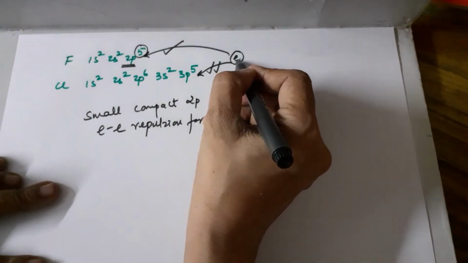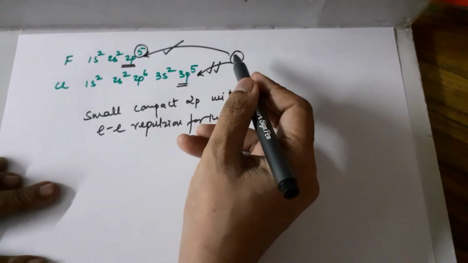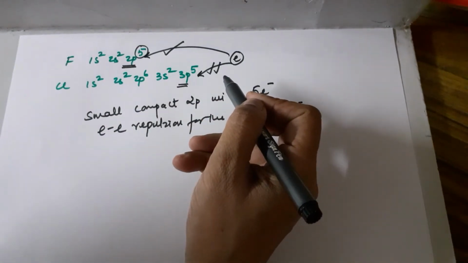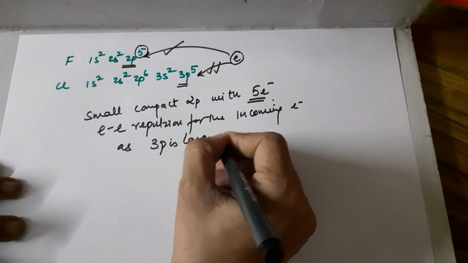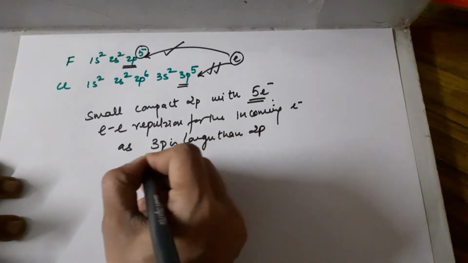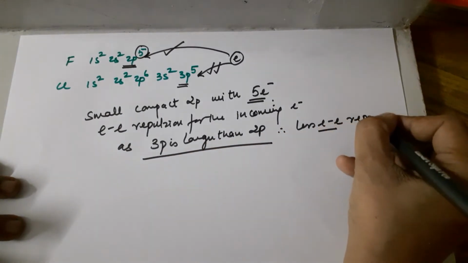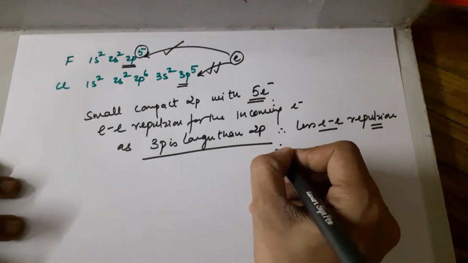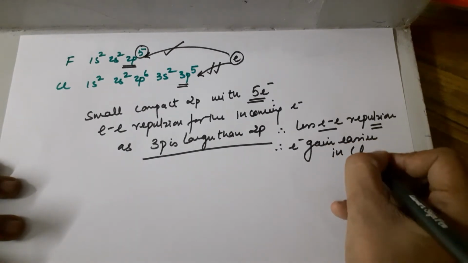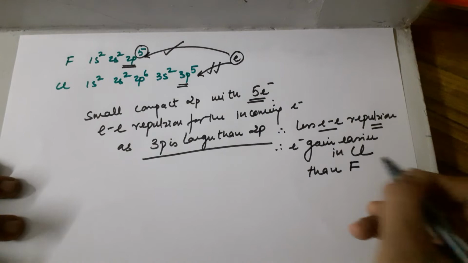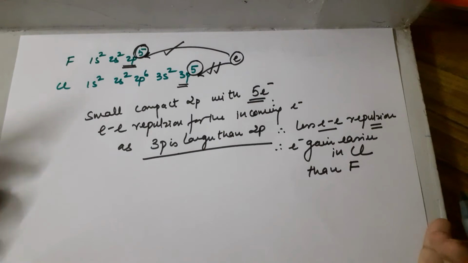So this incoming electron faces a lot of repulsion from 2p5 as compared to a 3p5. The electron gain here becomes easier, as 3p is larger than 2p, therefore less electron-electron repulsion, therefore electron gain is easier in chlorine than fluorine, and the key reason is these 5 electrons which cause repulsive interactions to the incoming electron.